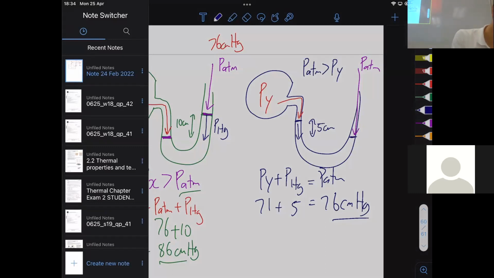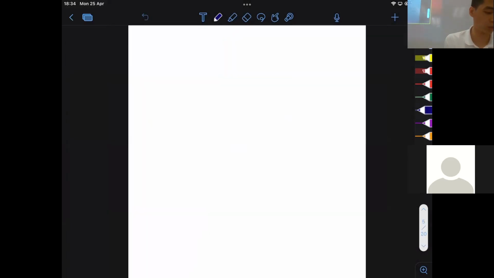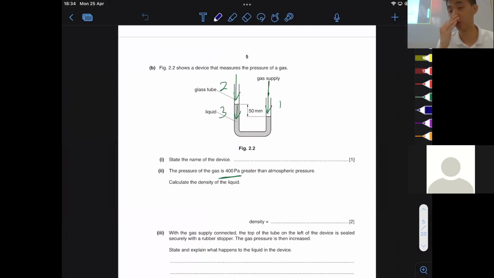Okay. So if you understand the whole thing, then looking at this question, back to the question we were at just now. It says that the pressure of the gas is 400 pascals greater than the atmospheric pressure. Let's say this here, number 2, is definitely pressure due to what again?